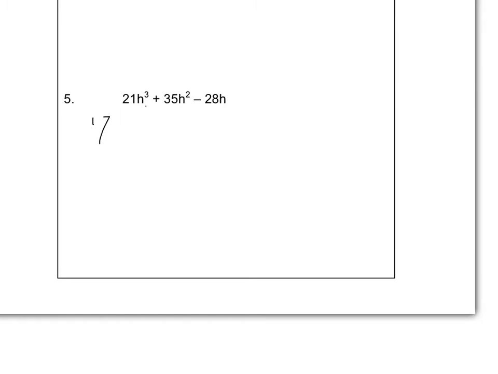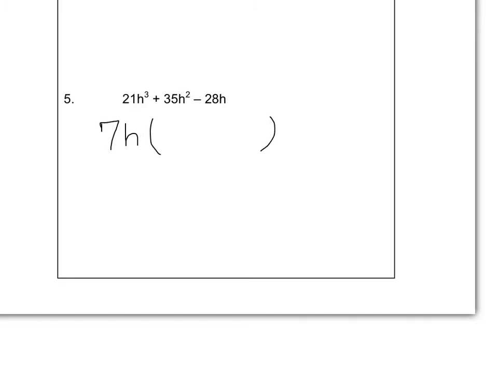And do all 3 of these terms have a variable? Yes, these 3 terms all have at least an h, so I'm going to take out an h as well.